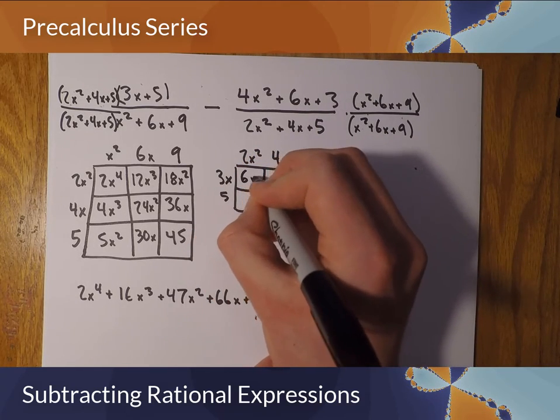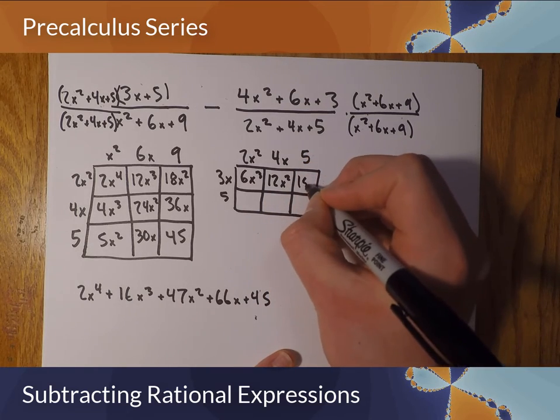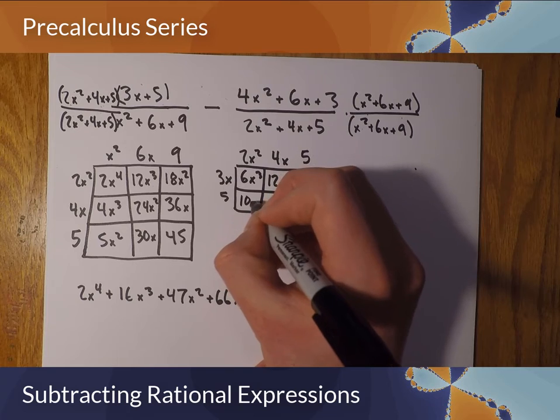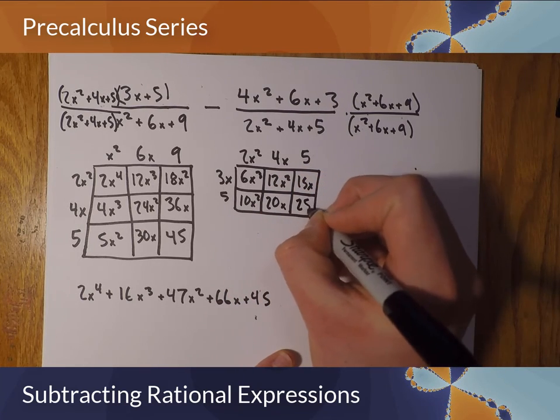So that makes 6x cubed, 12x squared, 15x, 10x squared, 20x, and 25.